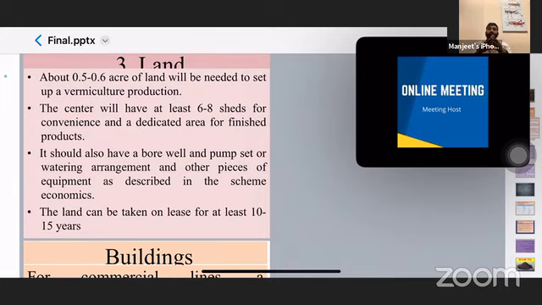It should also have a bore well or a separate water facility for watering arrangement and other pieces of equipment as described in the scheme economics. And the land can be taken on lease for at least 10 to 15 years, so that this business can be done on a long-term basis.